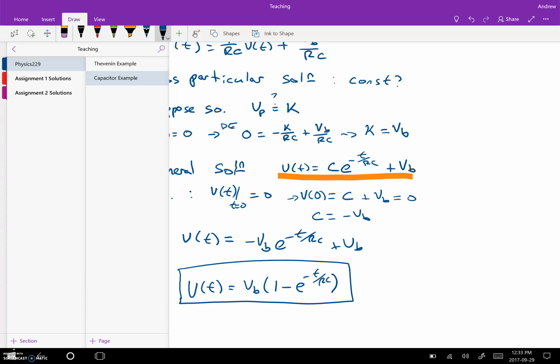And that's our solution for charging a capacitor. Notice that at time t equals 0, we have 1 minus e to the 0, so that's 0. And it's going to rise until, at time much greater than RC, as t goes to infinity, this exponential term goes to 0, and we'll get VB. So it'll behave like this, asymptotes to VB, which is what we expect.